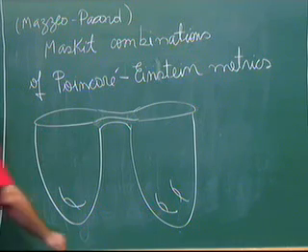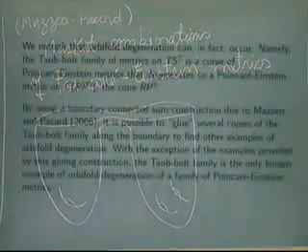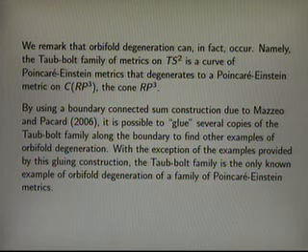All right, so it gives lots and lots of examples of metrics. Once you have a specific example here, which is the AdS Taub-bolt, you can do the same construction that they did, and you get other examples of orbifold degeneration.